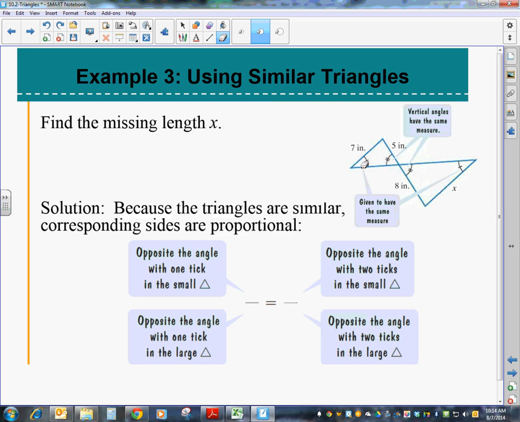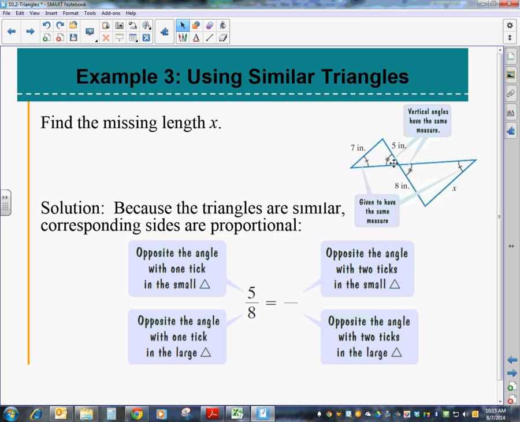These are the ones that are given to us that we already know are equal. So we're going to find the angle that is the opposite angle with one tick mark. The side that is opposite one tick mark is a 5 in the small triangle. Opposite one tick mark in the big triangle is the 8.